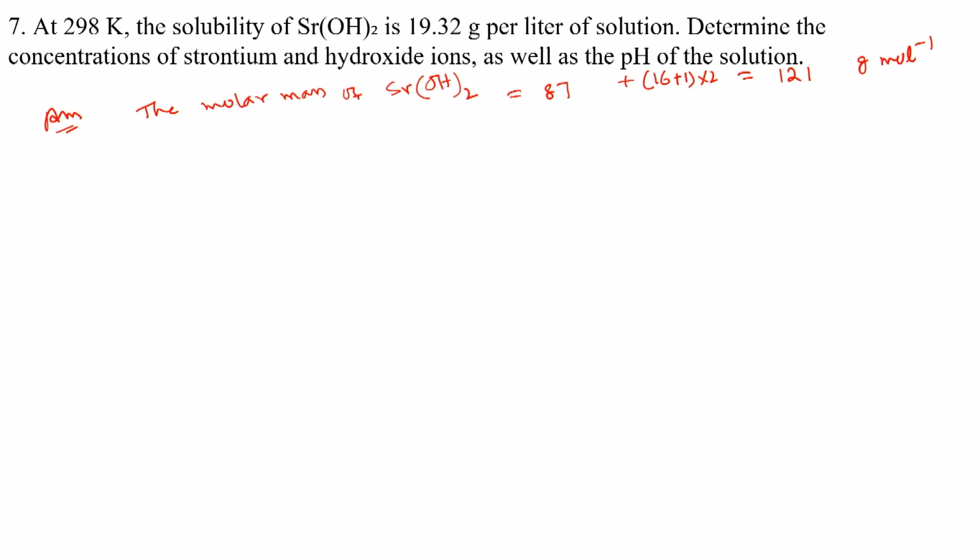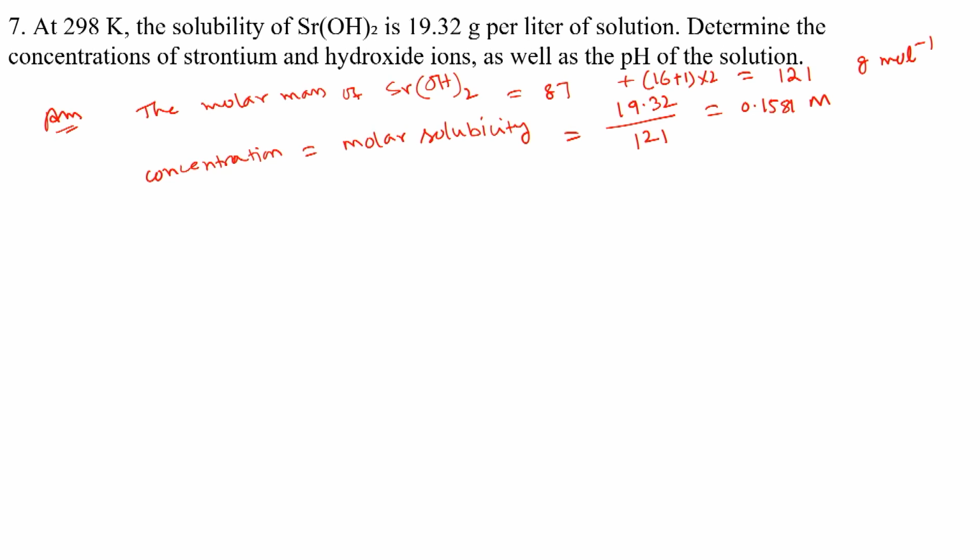So the molar solubility, so concentration is nothing but molar solubility. So we have used 19.32 gram. So what is the molarity of the solution? So 19.32 by 121 gives us 0.1581 moles.